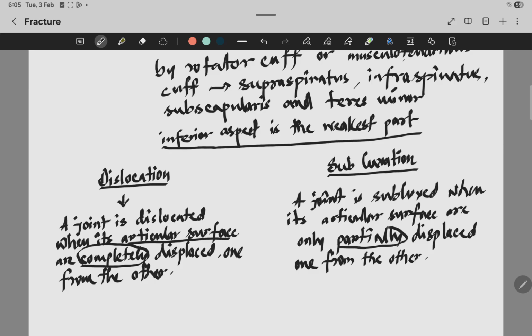The term that differentiates dislocation from subluxation is that in dislocation the surfaces are completely displaced, while in subluxation they are partially displaced.